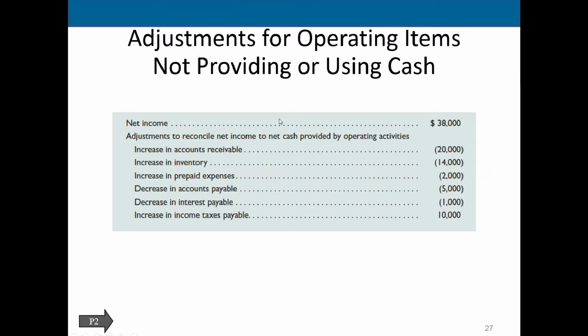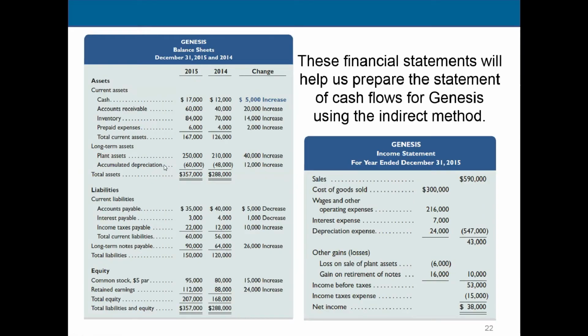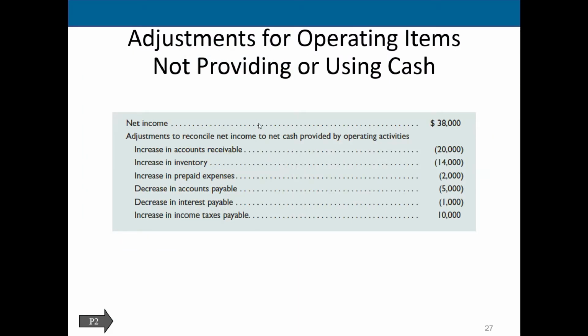See that? If it was an increase, we subtract it. What about inventory? It says increase. There it is. Increase in inventory was $14,000. It's a current asset, so we're going to do the opposite. Prepaid expenses, current asset, do the opposite. It was on the increase.